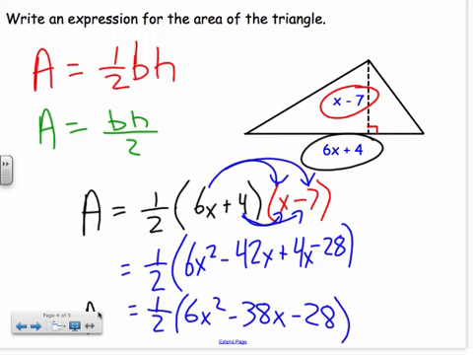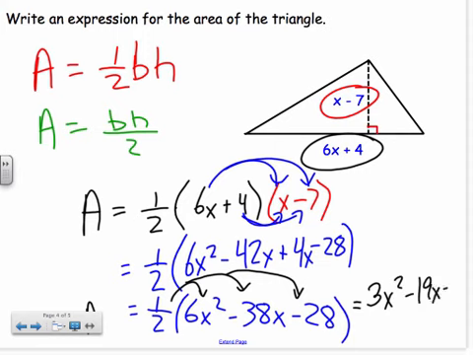I can distribute that 1/2, just like we did the other day, multiplying a monomial by a polynomial. So basically just cut everything in half, right? So my final answer is going to be 3x squared minus 19x minus 14.